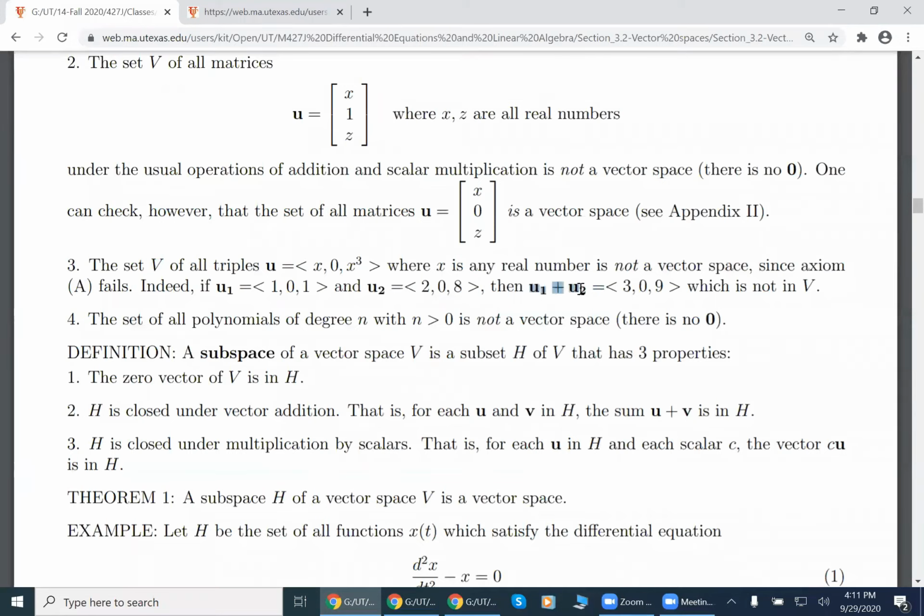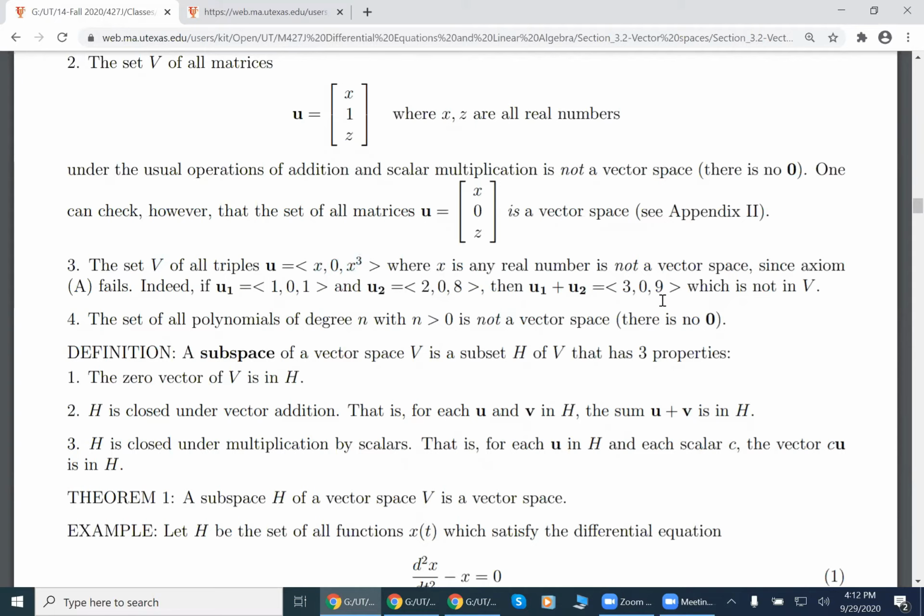First of all, U1 plus U2 is 3, 0, 9, because 1 plus 2 is 3, 0 plus 0 is 0, and 1 plus 8 is 9. However, this triple is not from V because it cannot be written as x, 0, x cubed.